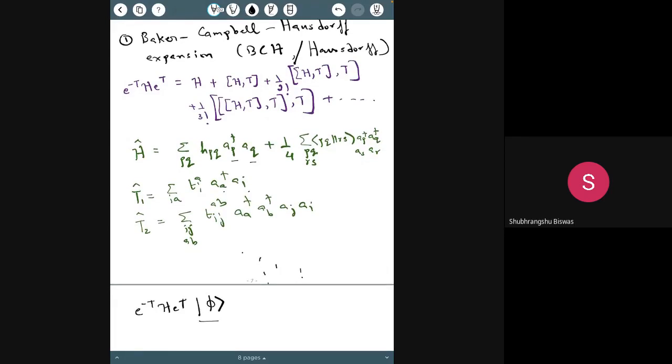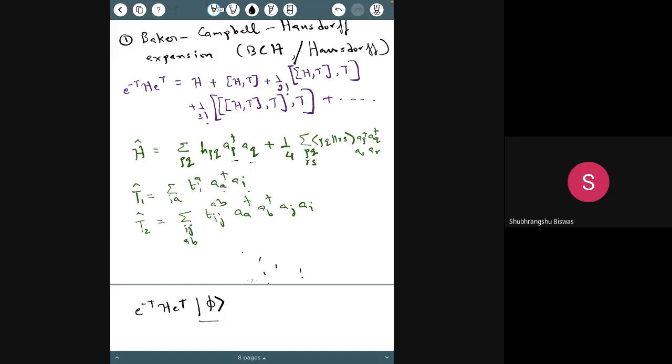So if you have an HT commutator, so if it's HT1 or H, one body part of H and one body part of T, then from the expression that I showed just now, you will reduce the string of length 4 to string of length 2.